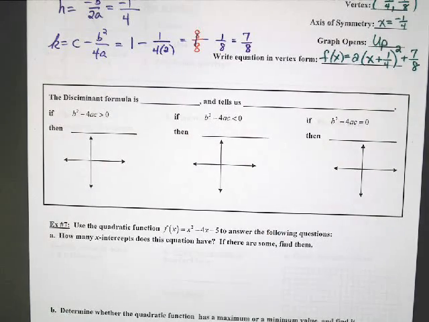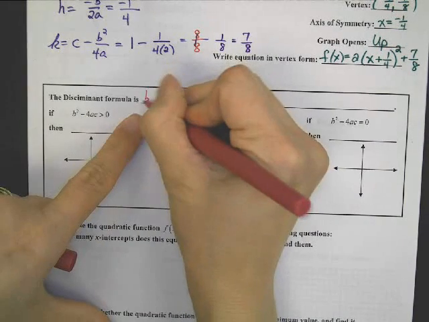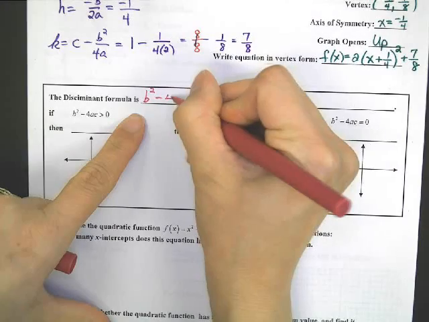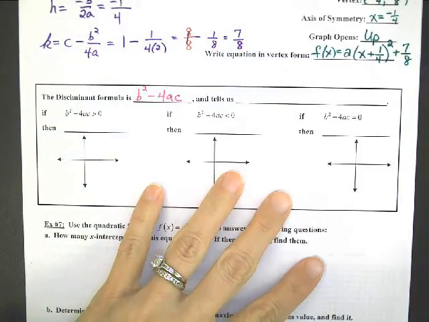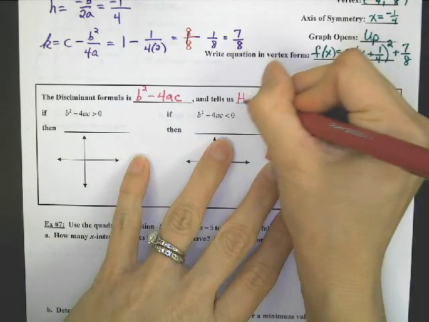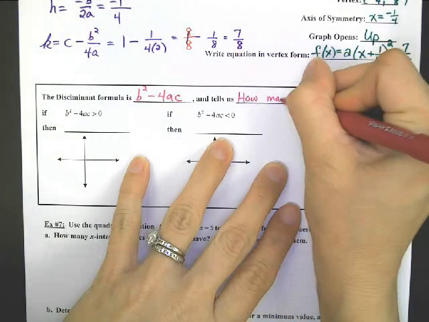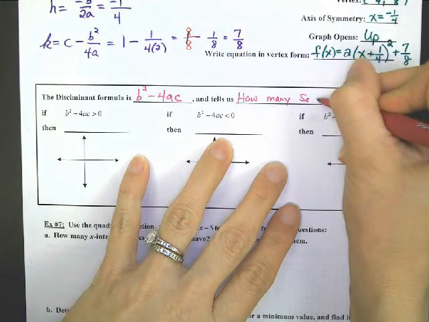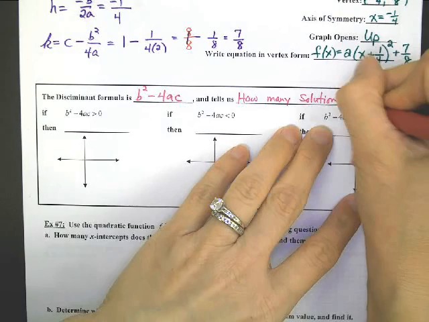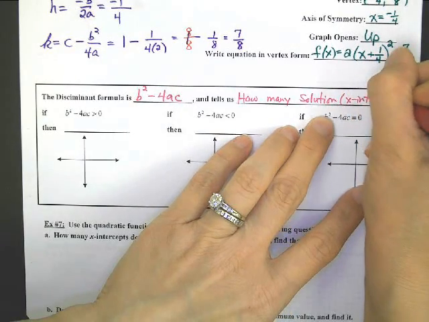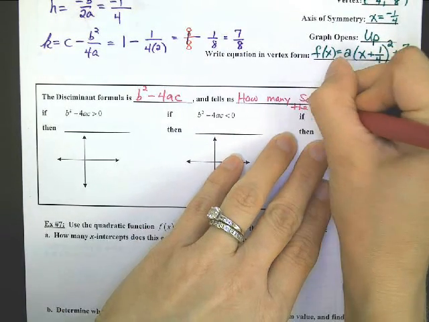Okay, the discriminant formula. The discriminant. So this is something that you learned when you were in Algebra 1. And it's b squared minus 4ac. And the discriminant tells us how many solutions, or we could say x-intercepts the graph has.